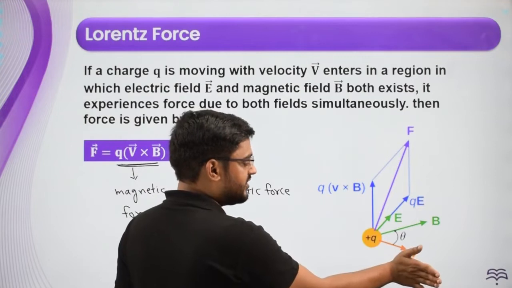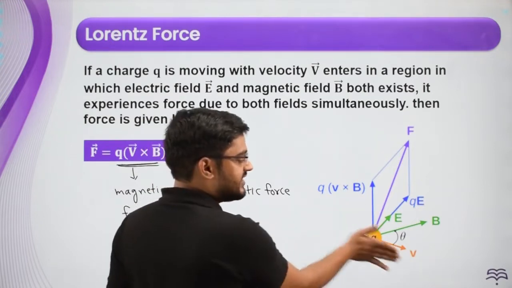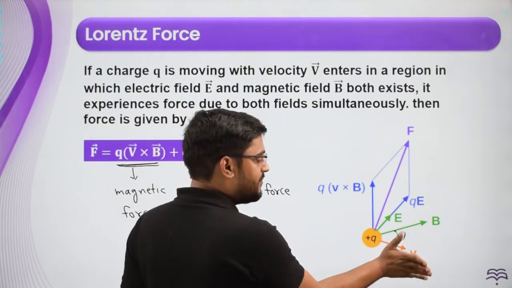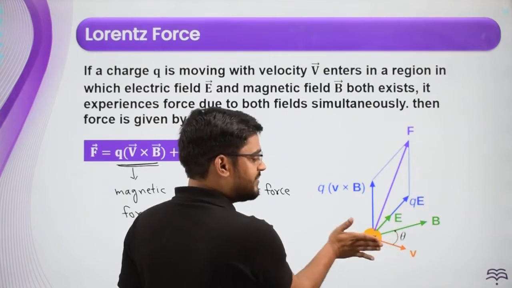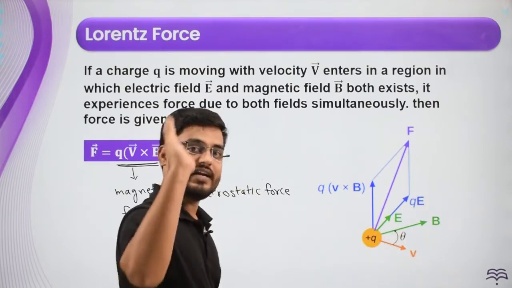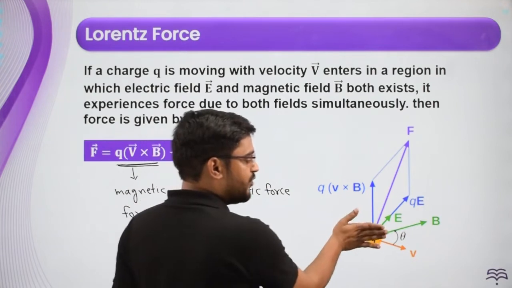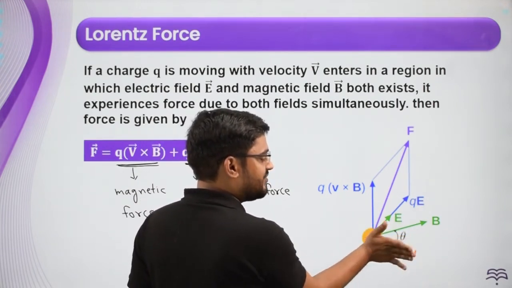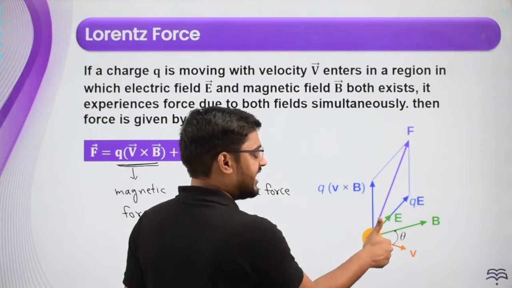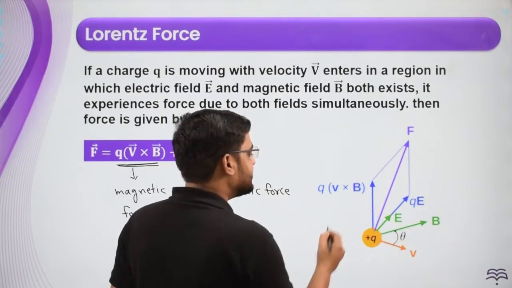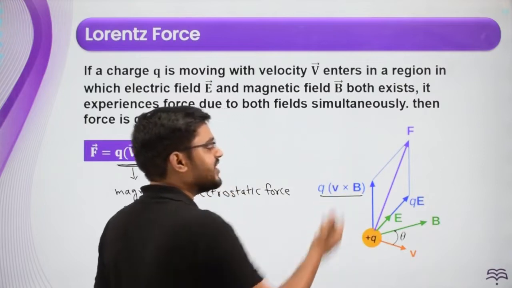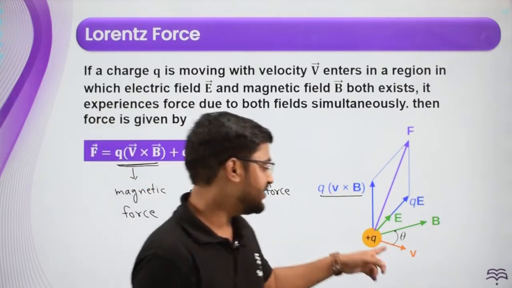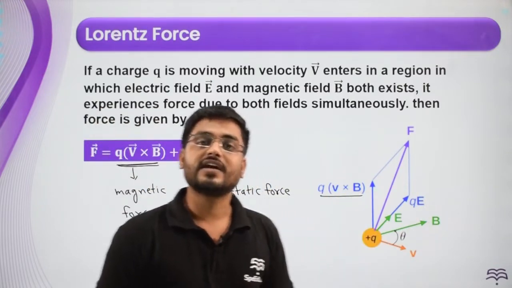Curl your fingers of the right hand in the direction of V and then turn them towards B. Then your thumb shows the direction, which here is upward. This is my magnetic force, which is perpendicular to V as well as perpendicular to the B vector.